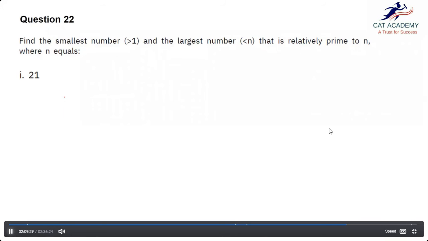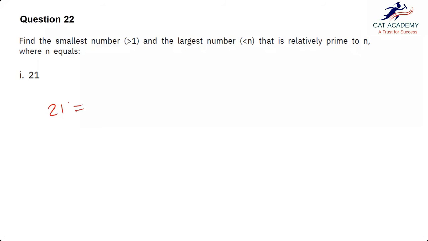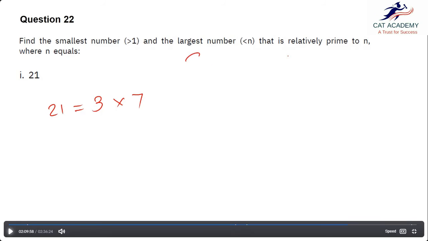So say 21. What will be the factorization of 21? 3 into 7. So whichever is the other number that I'm talking about, let's say smallest over here and largest over here.